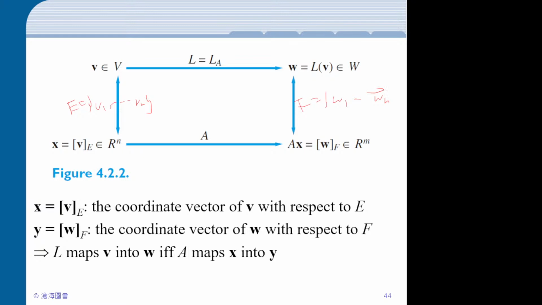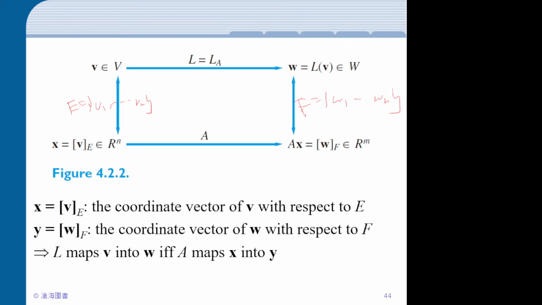So you have fixed ordered bases E and F inside V and W. Then we have a representation of vectors inside V and of vectors inside W. And then we have a corresponding representation of this linear transformation L as a matrix A, because we know every linear transformation between Rn and Rn can be written as a matrix.